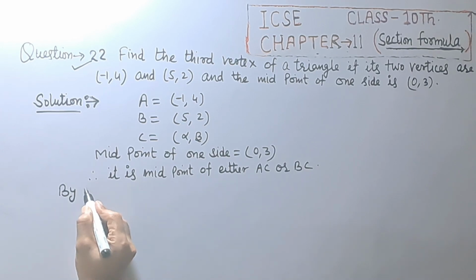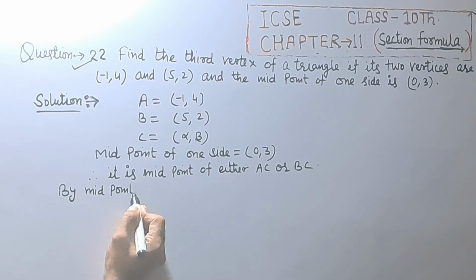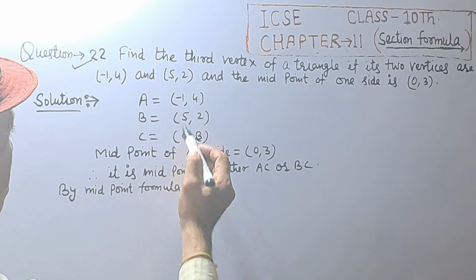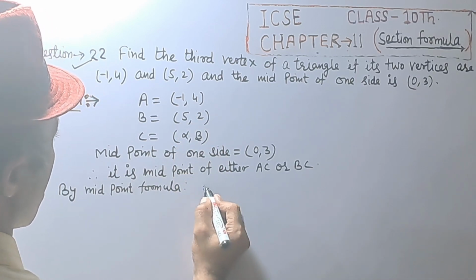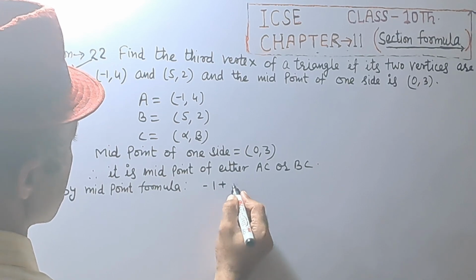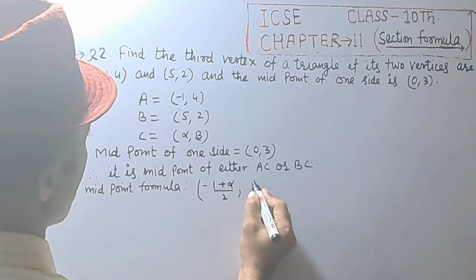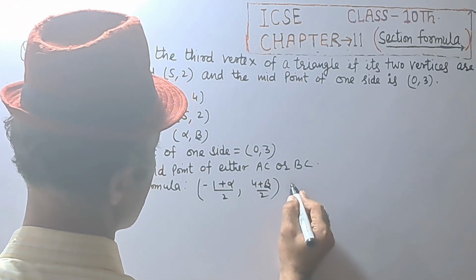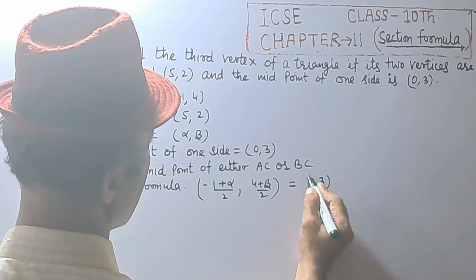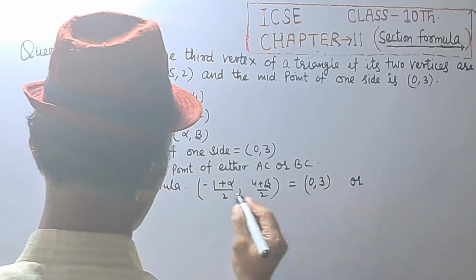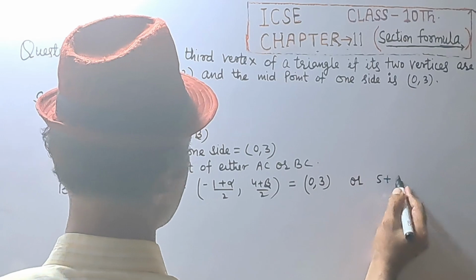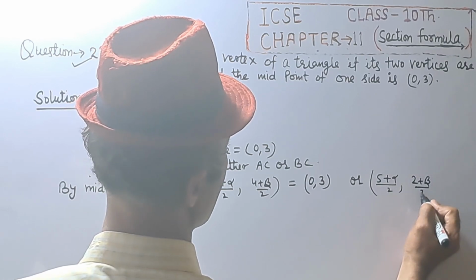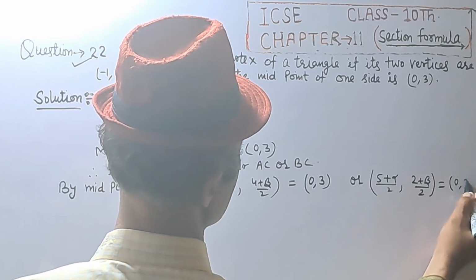By the midpoint formula, ((-1 + alpha)/2, (4 + beta)/2) is equal to (0, 3), or ((5 + alpha)/2, (2 + beta)/2) is equal to (0, 3).